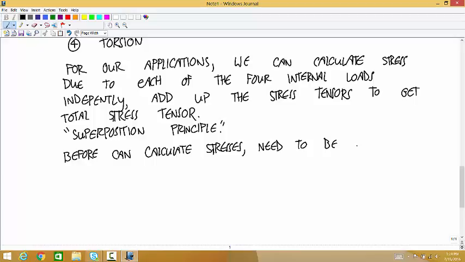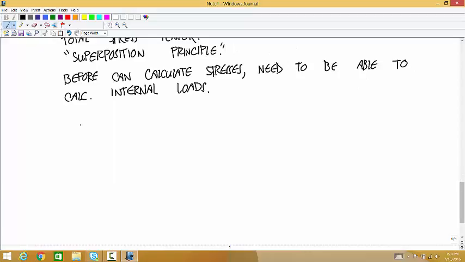We need to be able to calculate the internal loads. So that's what we're going to do first. Figure out how to calculate internal loads in beams.